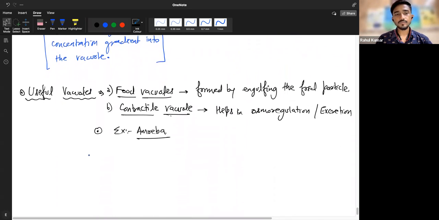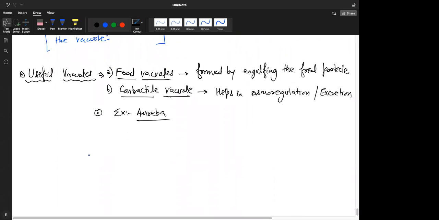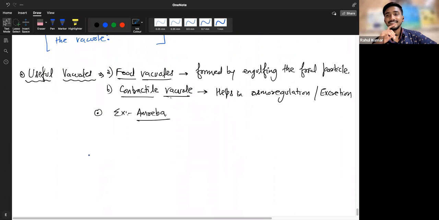There are some useful things as well. There's also a surprising fact that gold and silver nanoparticles are stored in the vacuoles. We were discussing this last time, though it's not in your syllabus. There are certain plants which can absorb gold and other metal particles.